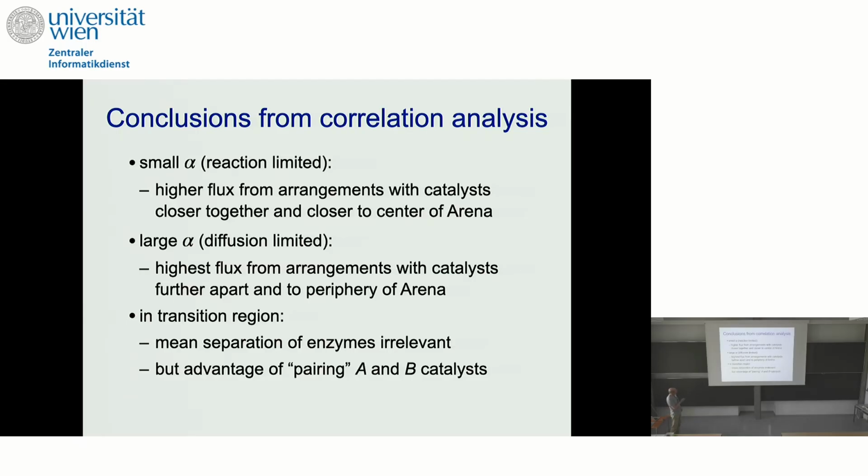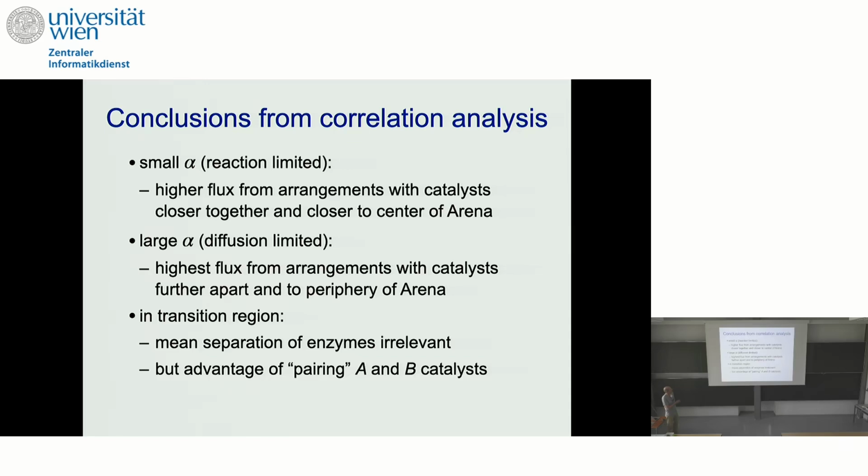If you're in the diffusion limited regime, because alpha has the diffusion constant in the denominator, that corresponds to large alpha. You get the highest flux from arrangements with catalysts that are further apart from each other and closer to the periphery of the arena.